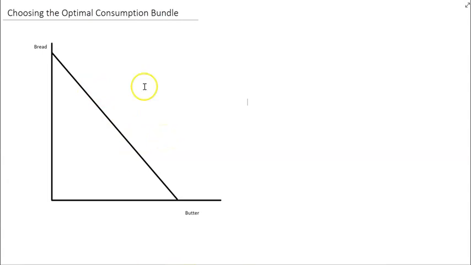Now we have also learned in our previous lecture that everybody has a certain preference for the number of bread and butter that they may consume. So in our case, we can draw our indifference curve. And let's say it's a regular indifference curve that we have so far used, and it's somewhat curved like this. So this is going to be my indifference curve, and this is my budget set.